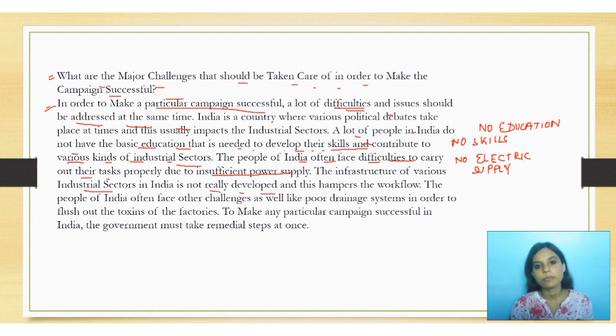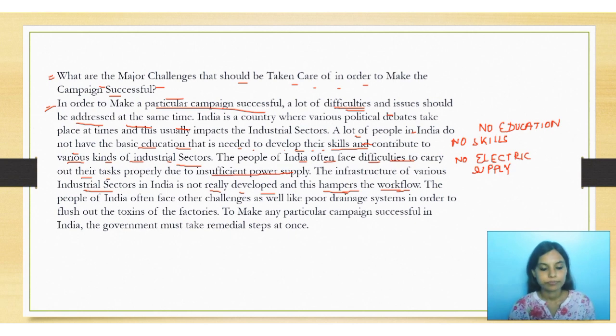So even if people want to make industries, like they want to have their own industries, certain facilities are not readily available. And definitely if the industrial sector is not properly developed, there would be hampers in the workflow, which will decrease the quality of work as well as increase the time consumed in the work.